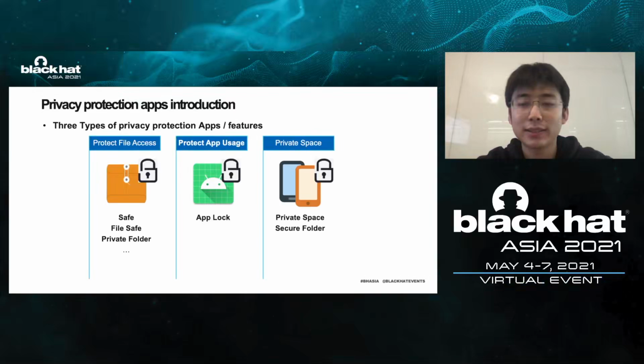Type 1: protecting file access, such as Safe, FileSafe. Type 2: protecting app usage, such as AppLock. And Type 3: private isolated space, such as Secure Folder.